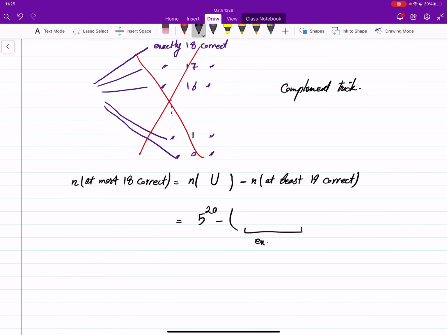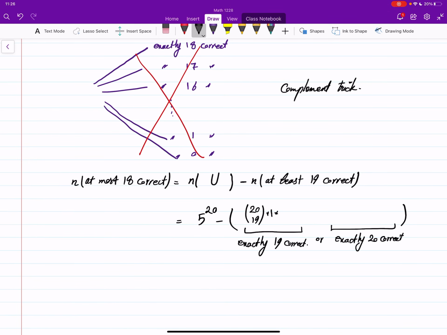exactly 19 or exactly 20, correct? So exactly 19 correct means what? It means that you choose 19 out of 20 to be correct, and each one will have only one option.